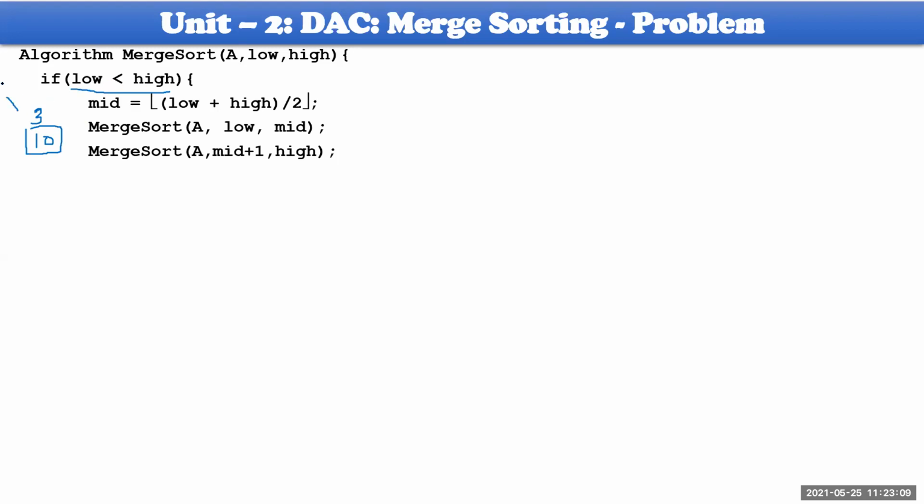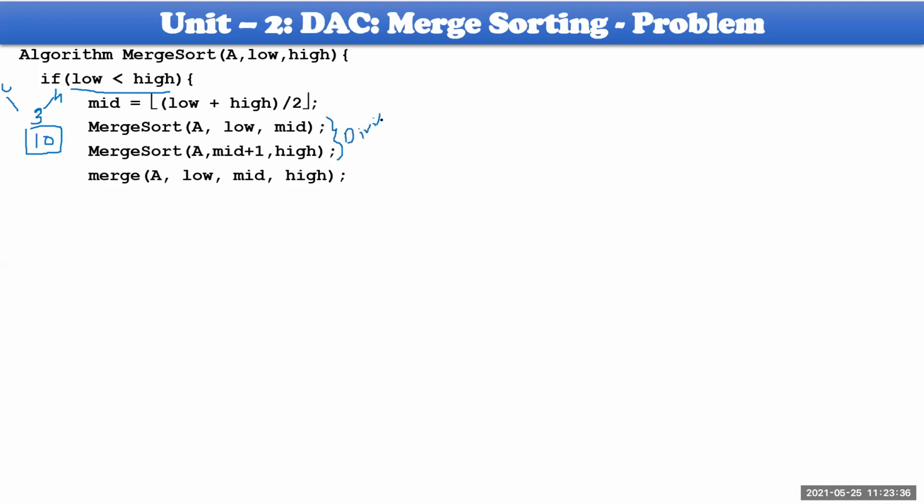The low value is the same and the high value is also the same. So 3 is less than 3, which is false. So merge sort will be operated a number of times until each and every sublist has a single element. Then after these recursive calls are completed, this division operation is over.